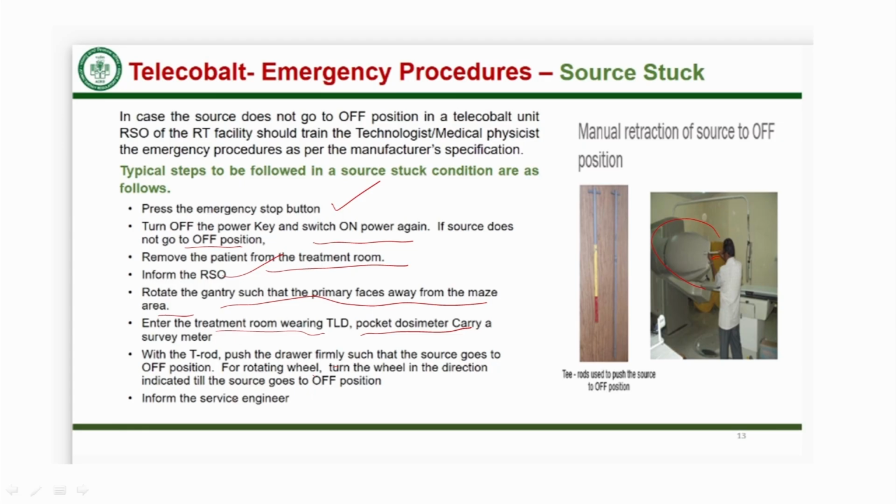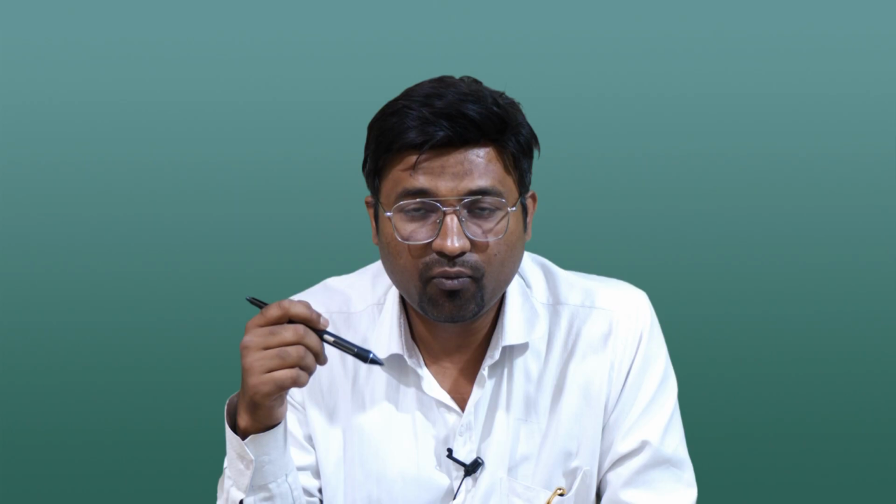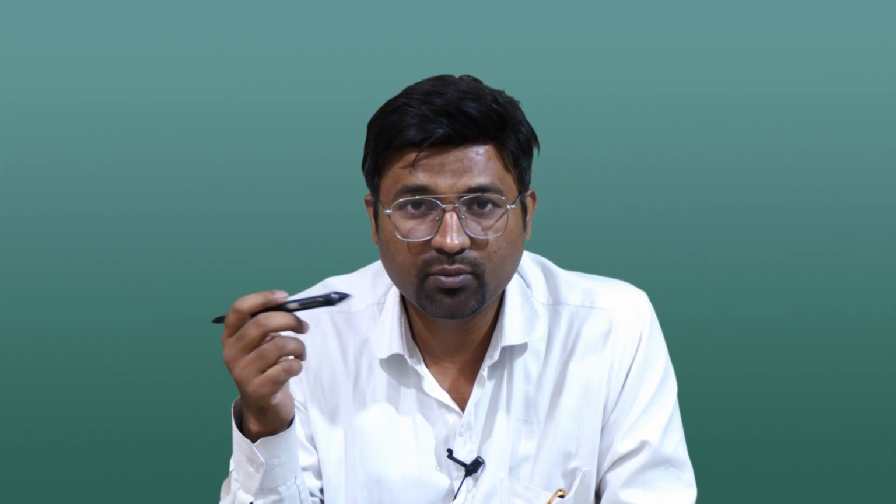Inform the service engineer. This is a T-rod. Once you push the source, it should not cross this line. You cannot push with much force. If you push with much force, there is a possibility that the source, instead of going back to the safe position, will go down in the machine. So you have to take care while pushing with the T-rod.